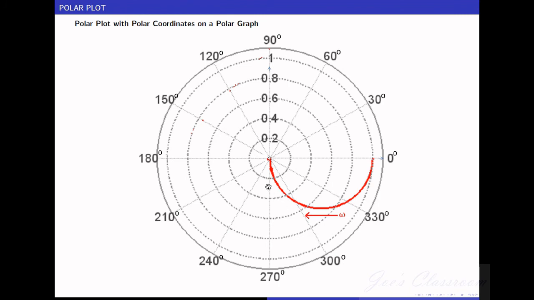The major difference between the Bode plot and the polar plot is, in the Bode plot, you are able to see the frequency explicitly, whereas in the polar plot, you cannot have the frequency details explicitly. In the Bode plot, you take the magnitude in decibels, whereas in the polar plot, you don't convert it to decibels; you take the gain as it is, G of j omega as it is.